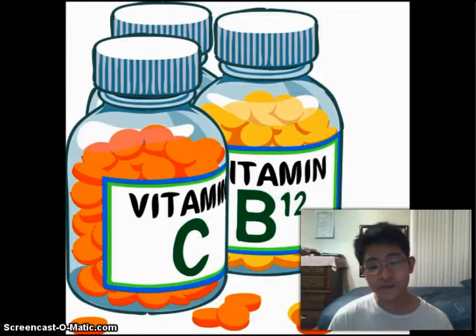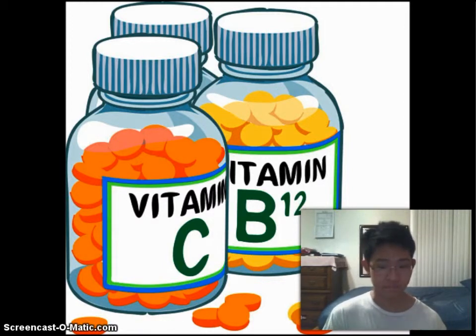So what makes up these inhibitors and activators? Well, there's two things: inorganic and organic materials. Well, not exactly. Coenzymes and cofactors. However, most organic materials are coenzymes and most inorganic materials are cofactors.